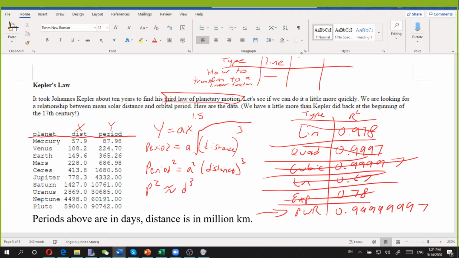If you have a logarithmic function, then you can take the natural log of x. If you have an exponential function, you would take the natural log of y. And if you have a power function, you would take the natural log of both.